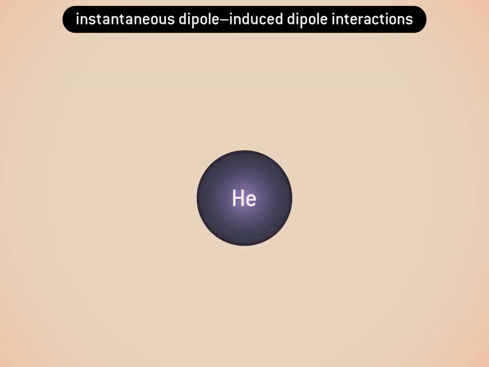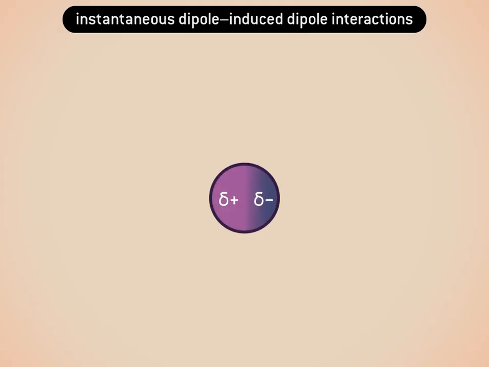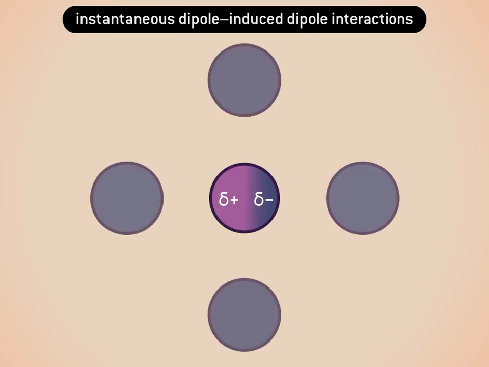An atom, such as helium, is neutral overall. But at any moment in time, the electrons could be anywhere, so the distribution of charge changes at every instant. At any instant, the atom almost certainly has a small instantaneous dipole. This instantaneous dipole affects the electron distribution in neighbouring helium atoms, causing an induced dipole in those atoms.